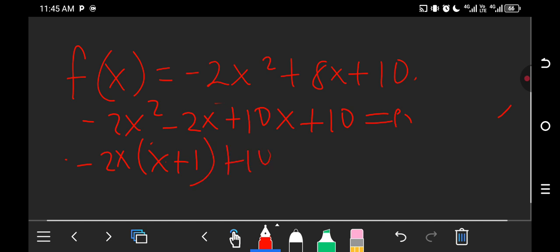Then I can factorize 10, and I remain with x plus 1. Then it is equal to 0, like that.